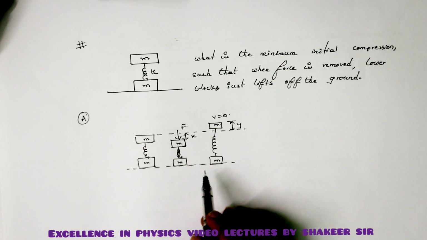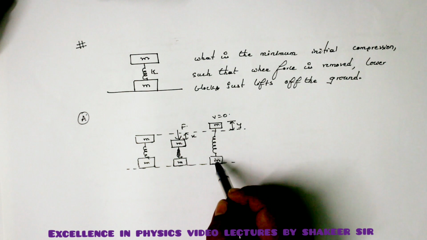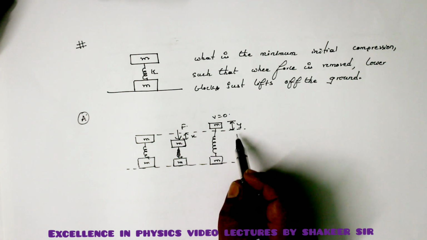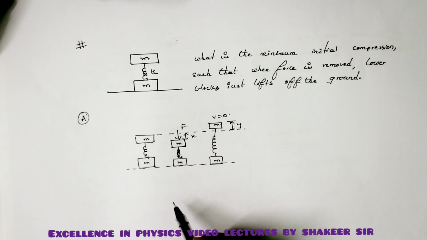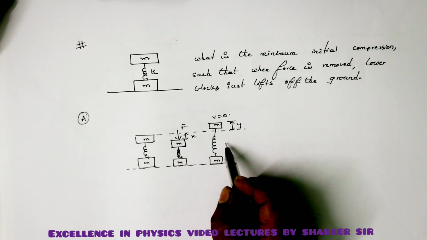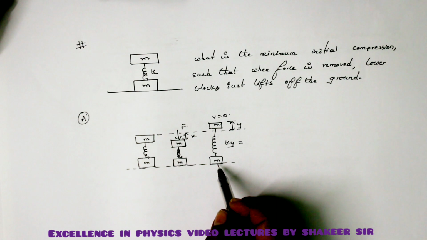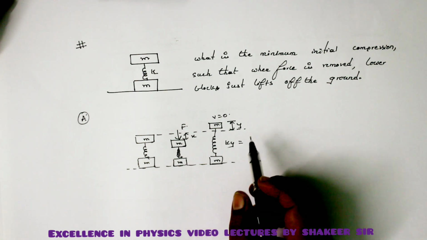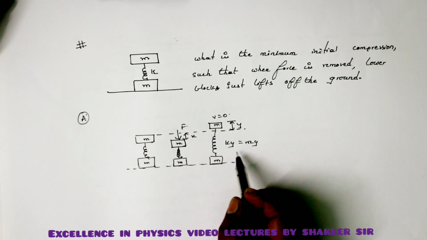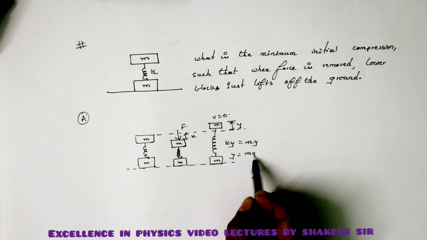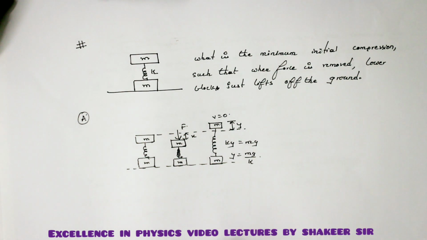And when the final velocity has become 0, the elongation produced in the spring is also y from the mean position. Therefore the restoring force produced in the spring should be ky, and this ky should be exactly equal to the weight of this body, mg. So y equals mg divided by k.